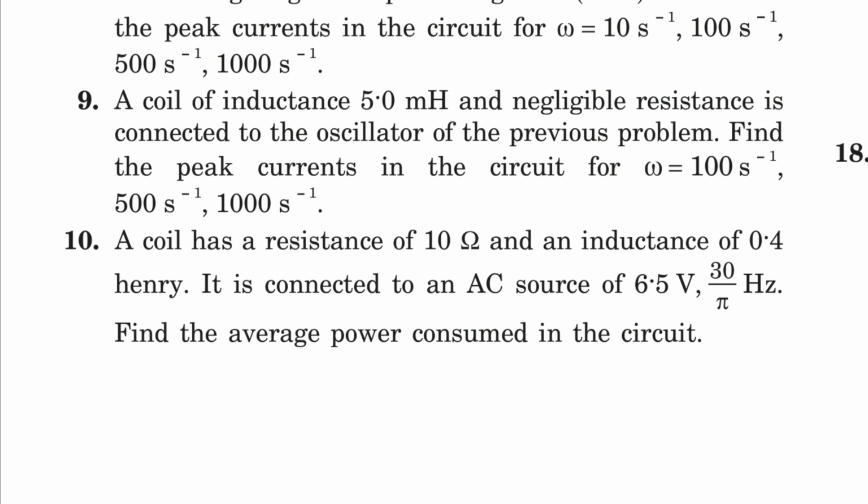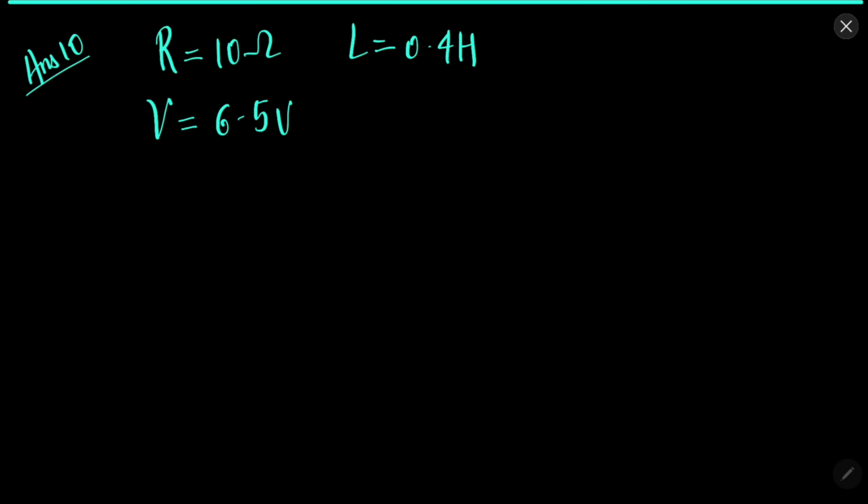In question 10, we have a coil having some resistance, 10 ohms, and inductance of 0.4 Henry. It is connected to an AC source. We need to find the average power consumed in the circuit. So the 10th one, what do we have? R is 10 ohms, L is 0.4 Henry, voltage is 6.5 volt, frequency is 30 over pi hertz.